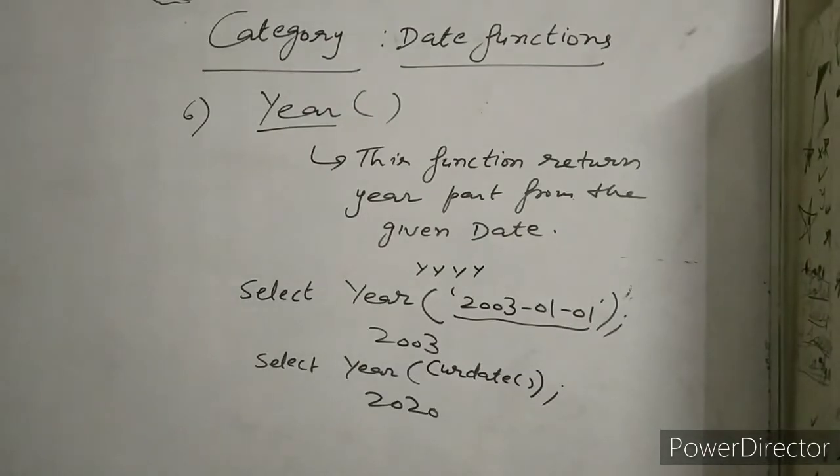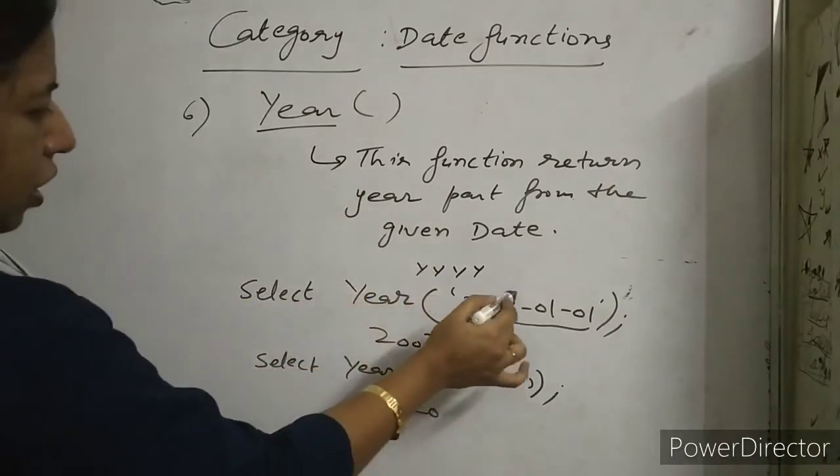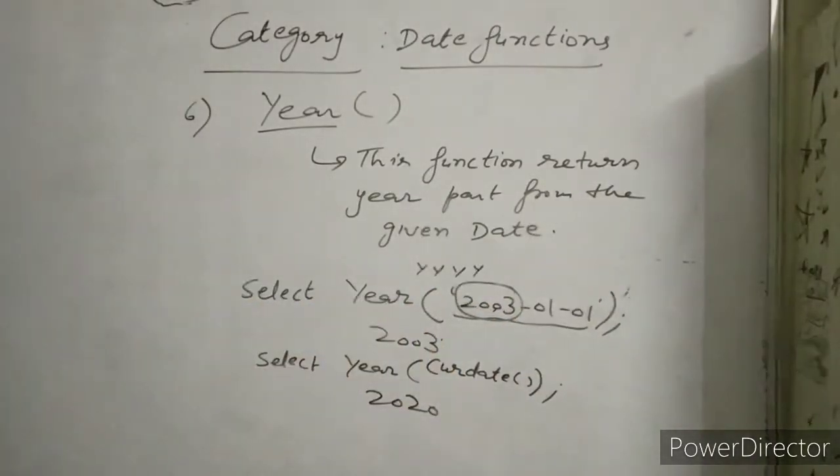The current year is 2020 in my date. That's why the output is 2020. In the previous example, the year is 2003. You will get 2003.